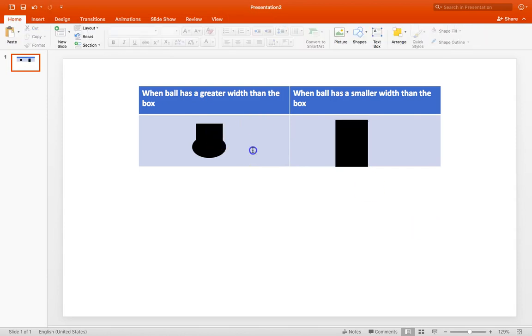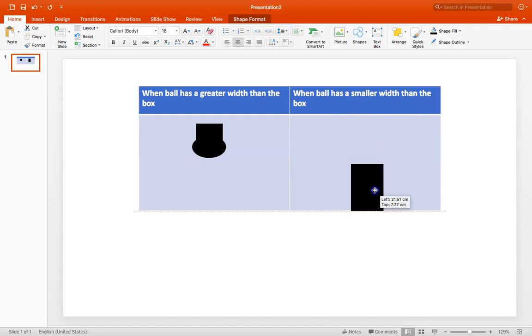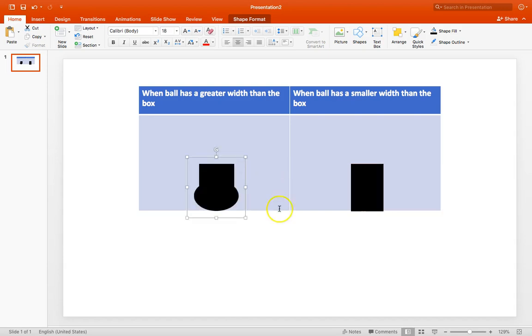Alright, and let's say this is your screen, your shadow must be at the bottom of the screen.